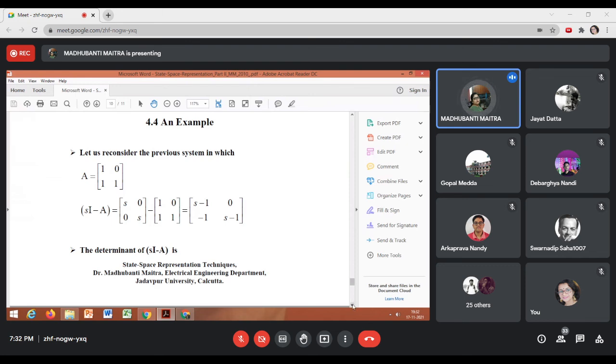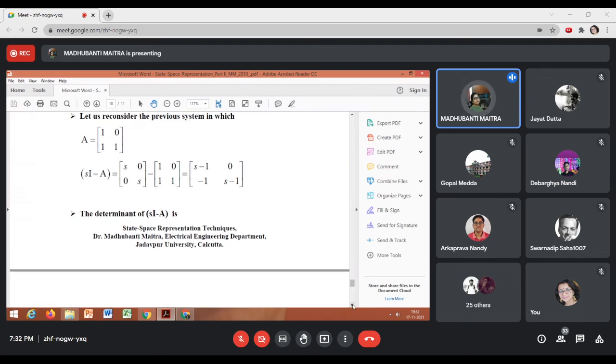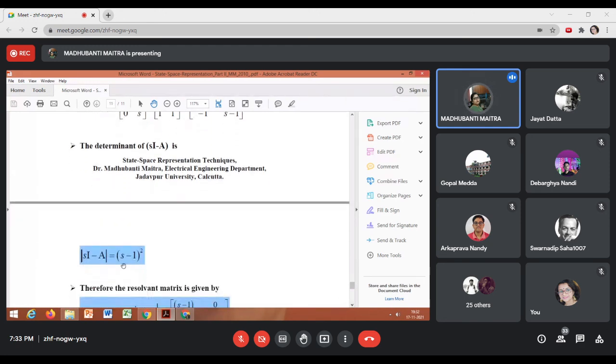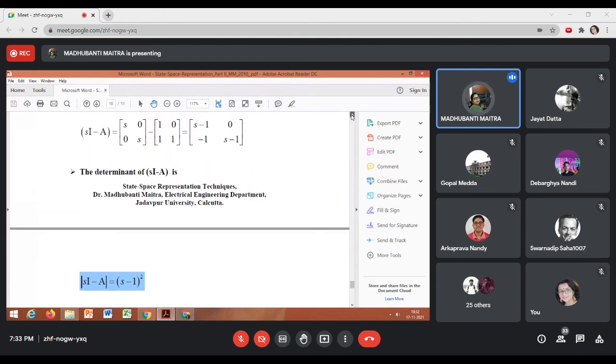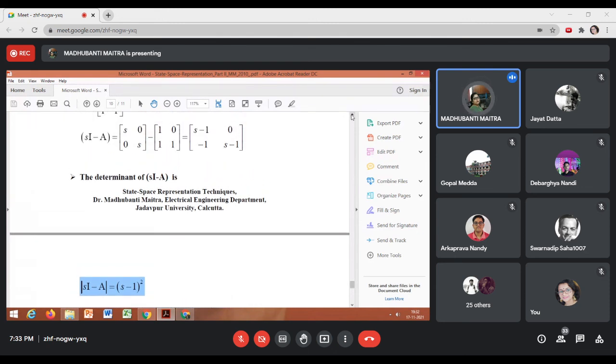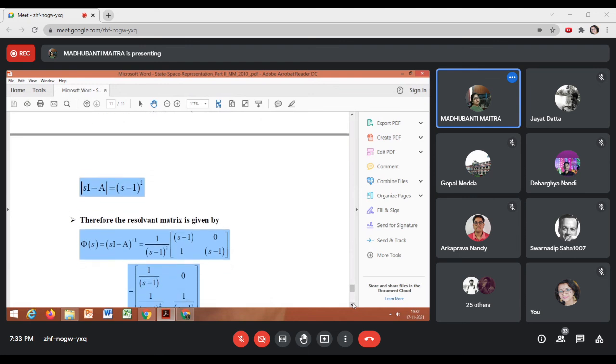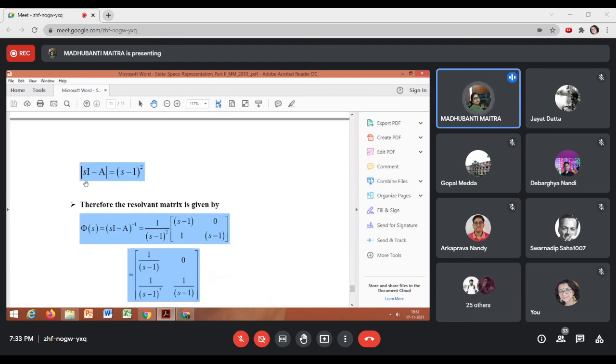Since we'll have to find the matrix (sI minus A) inverse, first we'll have to find the determinant of sI minus A. In this case it's very straightforward: the determinant of sI minus A is (s minus 1) whole square.